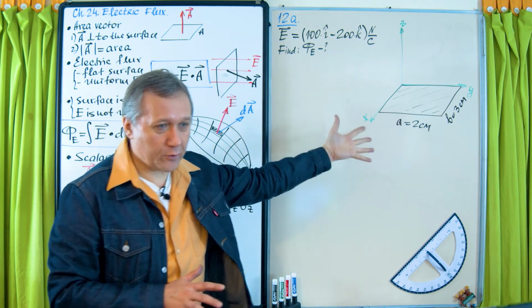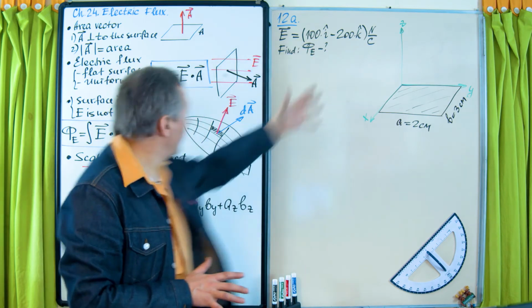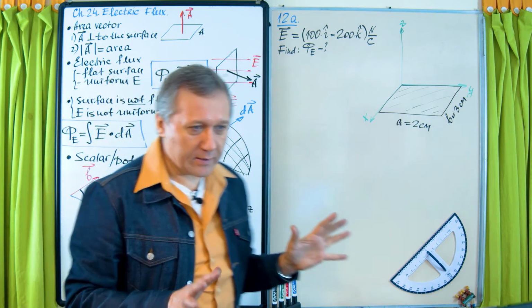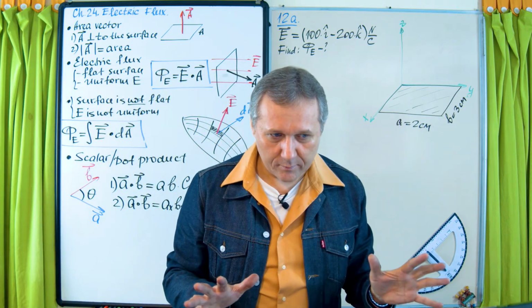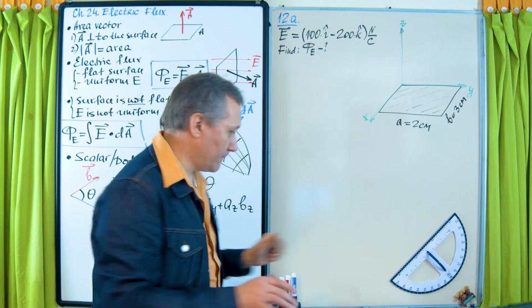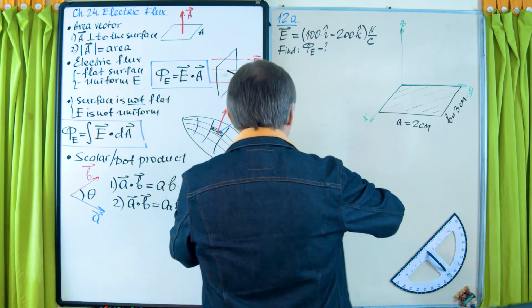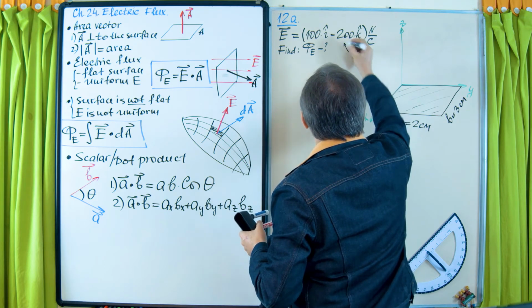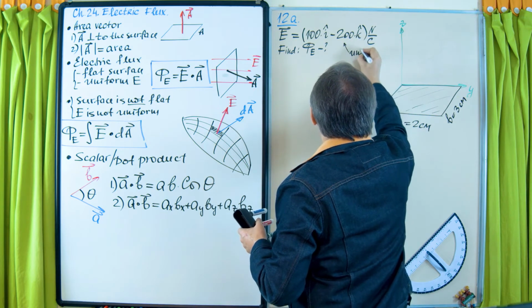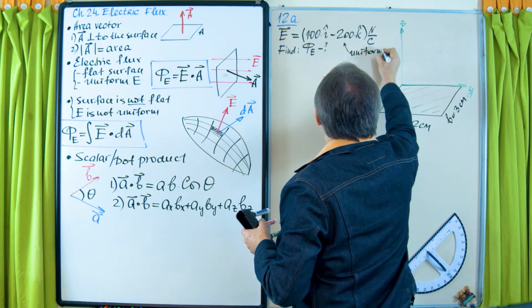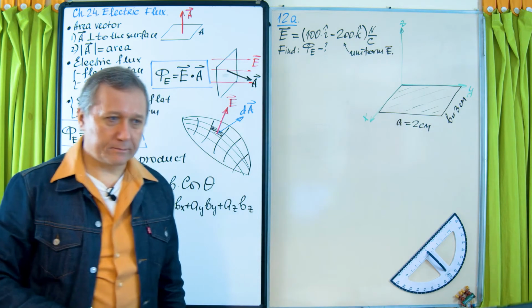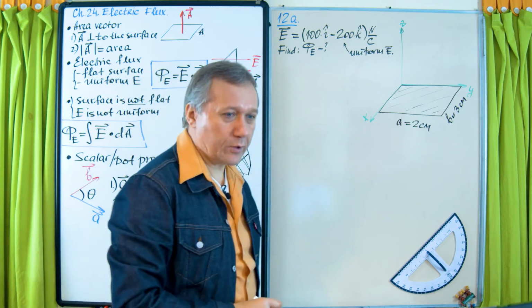So we have flat surface, uniform electric field, so we can still use this expression, the simplest one, to calculate the electric flux. Let me also emphasize, it's still uniform electric field, just so that you will have it in your notes.